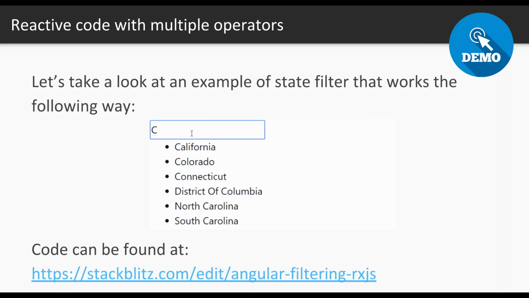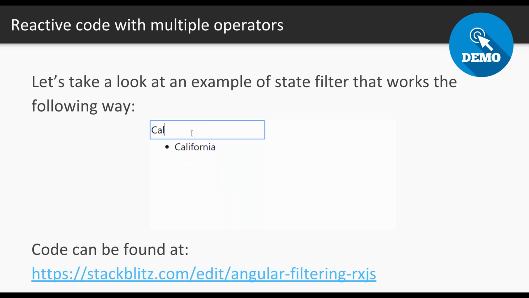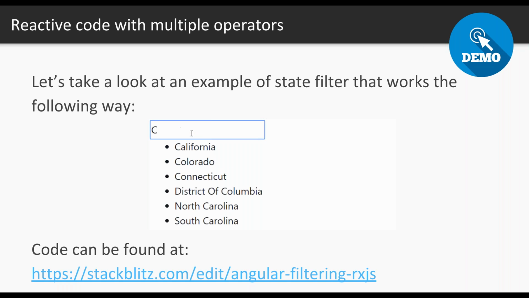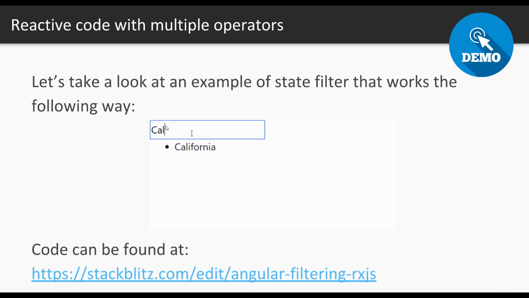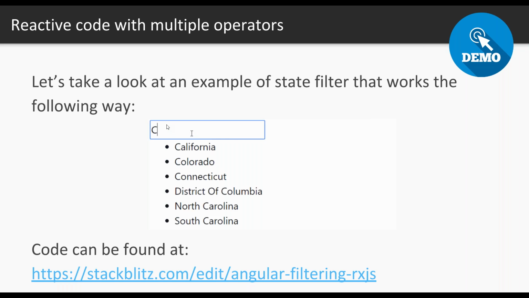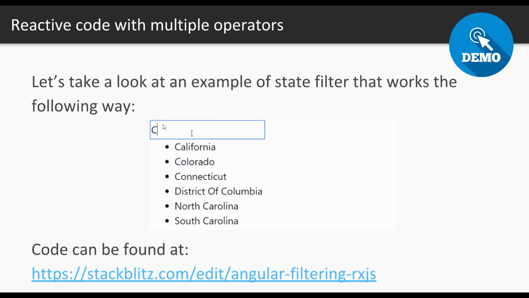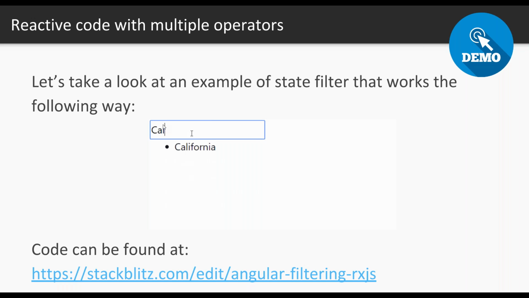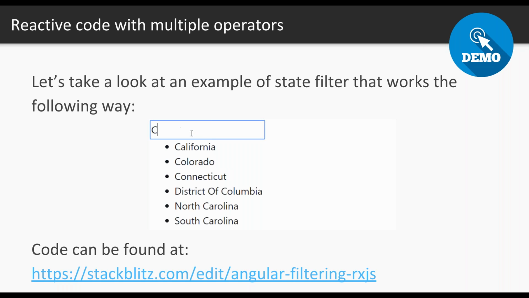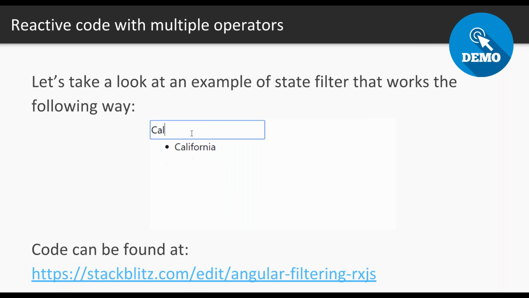So we have a list of states from the United States. And as the user enters or removes characters in the filter input, we would display or hide all of the states that match the filter condition here. So if they type C, then all of the states that have a C in it show up, and if they type CAL, then only California shows up.